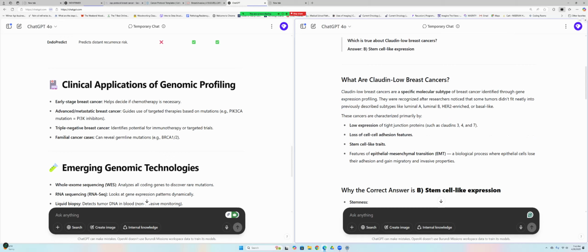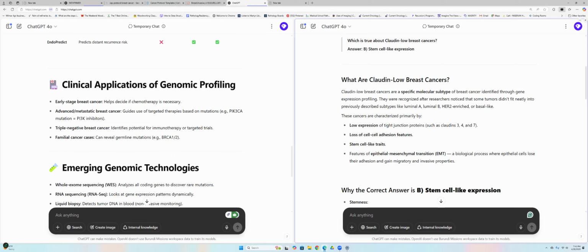And you know what tight junctions are in histology? They are in between cells, in the cell membranes. So Claudins are found in the tight junctions of the membrane. Examples are Claudin 3, Claudin 4, Claudin 7. So Claudin-low breast cancers have low tight junctions. So what does that predispose? It means the cancer cells will not be very cohesive to each other.